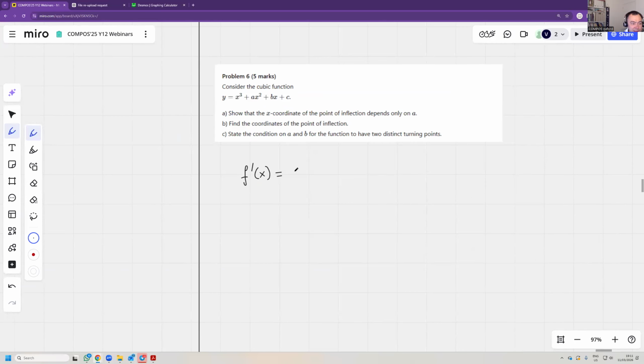F dash of x is 3x squared plus 2ax plus b. And the second derivative is 6x plus 2a. And yes, the inflection point is where 6x plus 2a is 0.